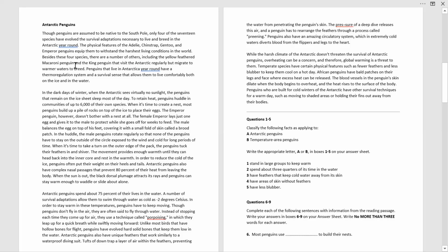So talking about four species first, and then they said there are other species as well, which is macaroni and king, migrate to warmer weathers to breed. Penguins that live in Antarctica year round have a thermoregulation system and a survival sense that allows them to live comfortably both on the ice and the water.